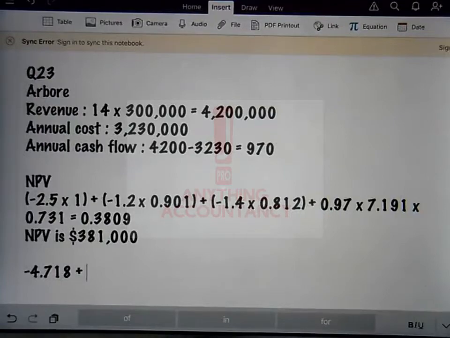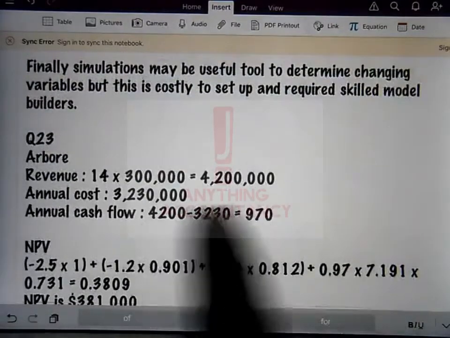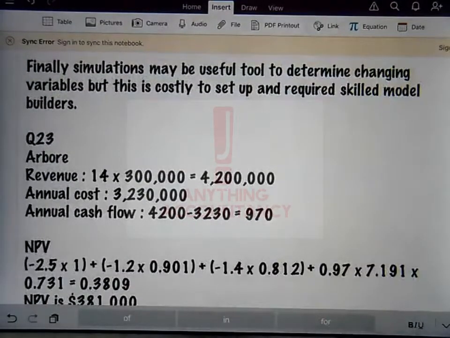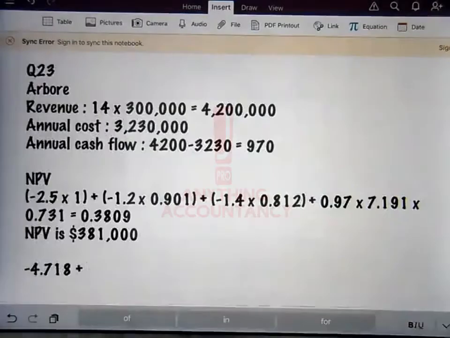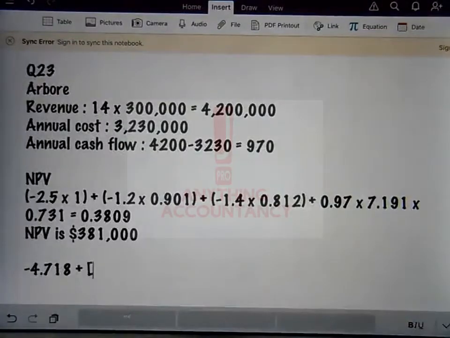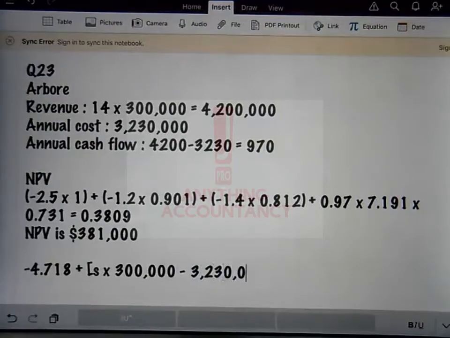Plus, now this is how it goes. You see the number up here? Let X become your S. So it becomes, this is the formula part. S times 32300. Are you clear? That's your cash flow, isn't it?